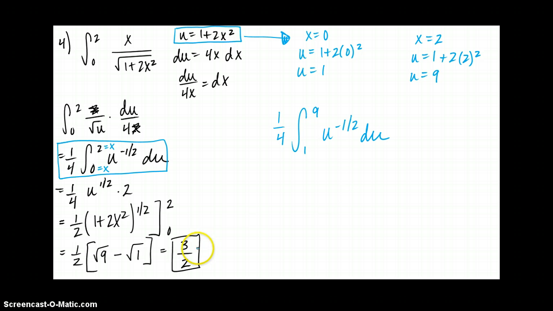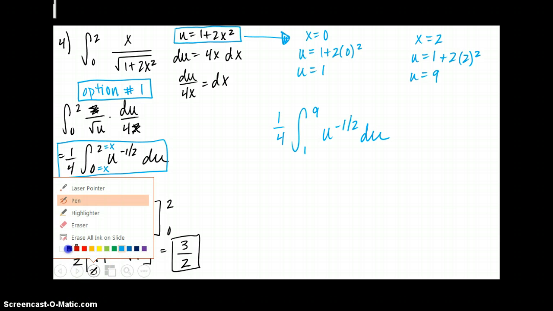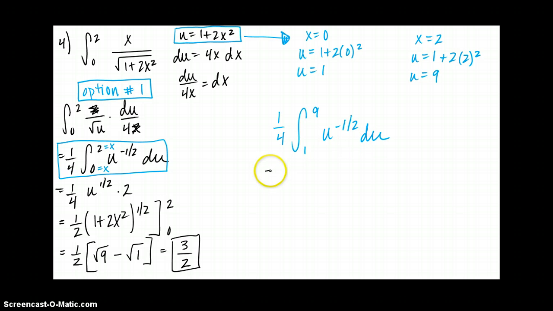When you evaluate the definite integral, you can do one of two things. You can do exactly what I just showed you, where we did the u substitution, replaced x, and then substituted in the boundaries. Or if you change everything to be in terms of u, you'll see one thing change.